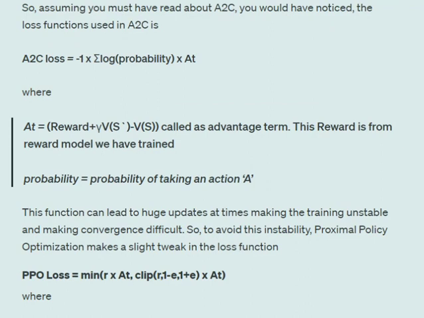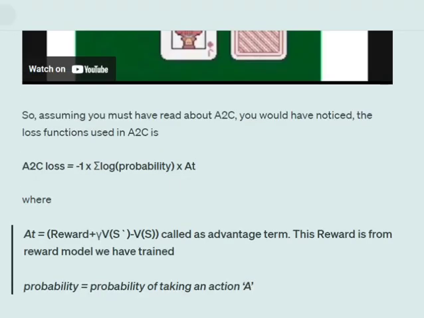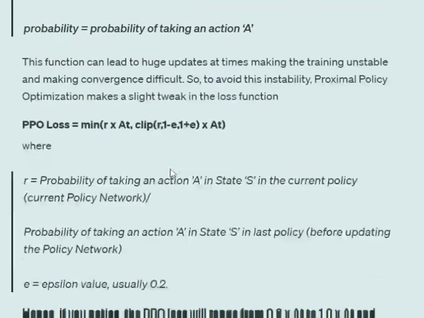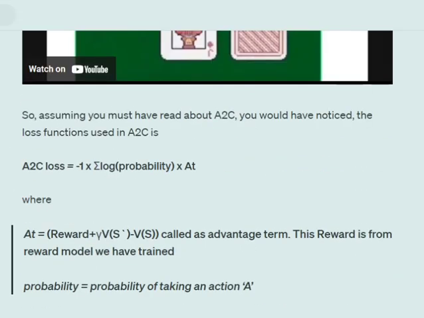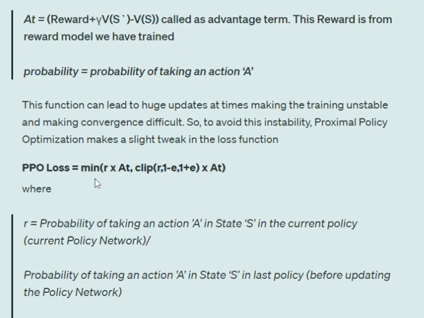Now, in case of proximal policy optimization, what we are doing is changing this particular loss function. So instead of using the loss function minus 1 into summation log probability into AT, we are using the loss function minimum of R into AT, comma, clip R, comma, 1 minus E, 1 plus E, into AT. So we are trying to take the minimum of the two entities, R into AT or the clipped version of R into AT.